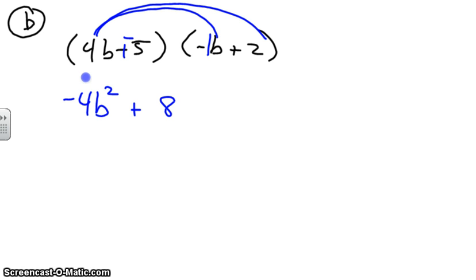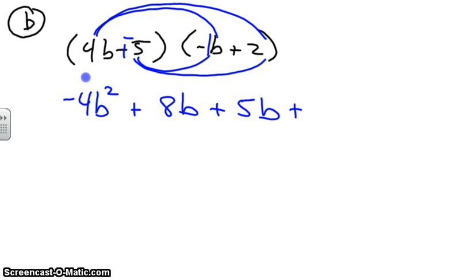Good, 8b. Plus -5 times -1b. -5 times -1b. Negative times a negative. So it's 5b. Good. And then -5 times a positive 2 is -10. Good. Okay, and our like terms?